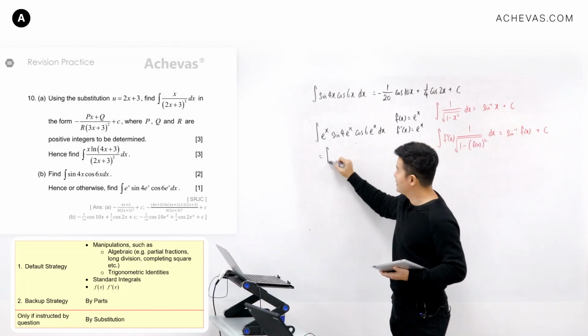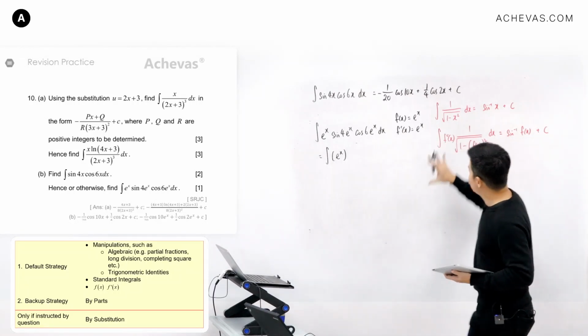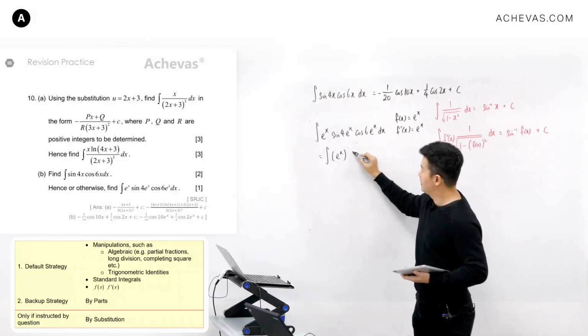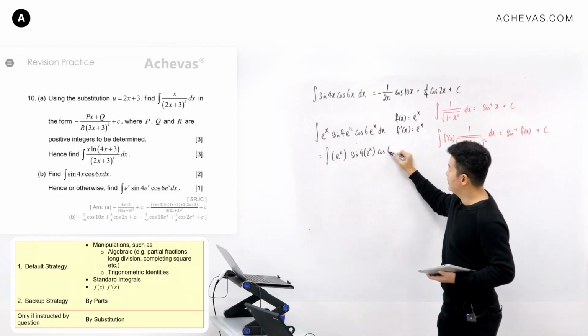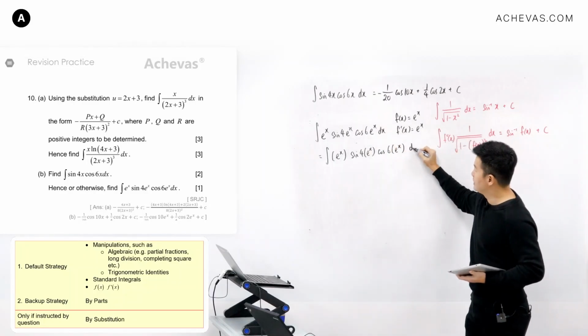Let me re-express this a little better so that hopefully you can see this as something similar to what is happening here. So this is my f prime x, and we have a sine 4 e to the power of x. This x is replaced, and we have a cosine 6 e to the power of x. So this is also replaced, dx.